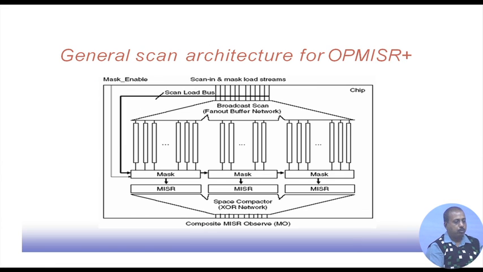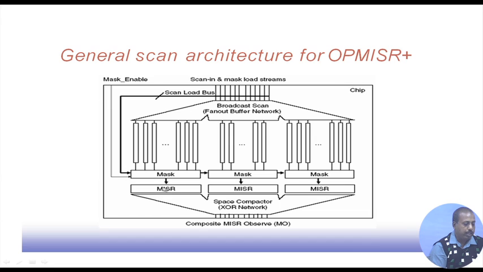Let us look into this OPMISR plus structure. Here we have these scan chains going into the broadcast scan mode. In the broadcast scan mode, these scan chains are loaded. Now, there is a mask. Whenever the patterns are getting loaded, this mask control is also loaded. As a result, when the responses come from the scan chains, depending upon the mask bit, some of the responses will be allowed to come to this MISR, and others will not.